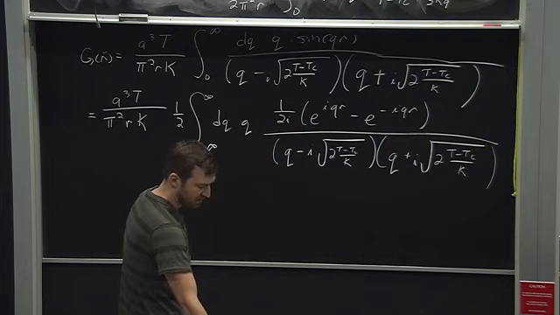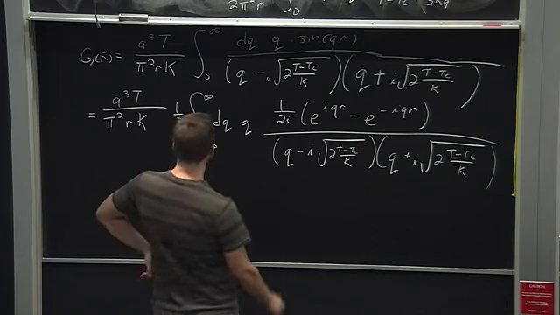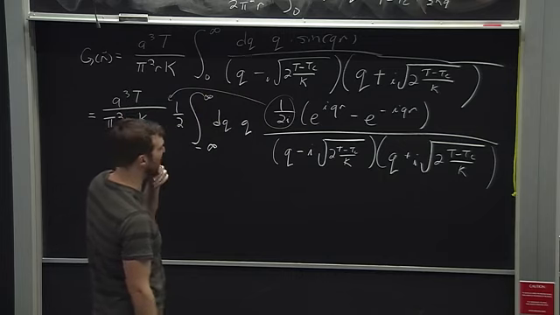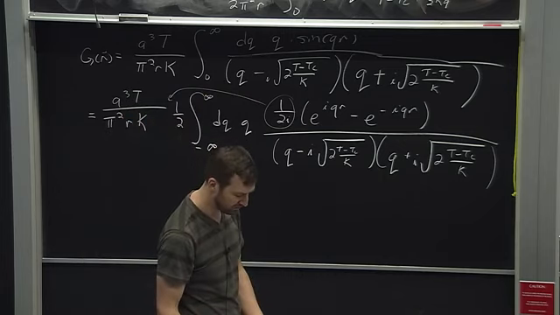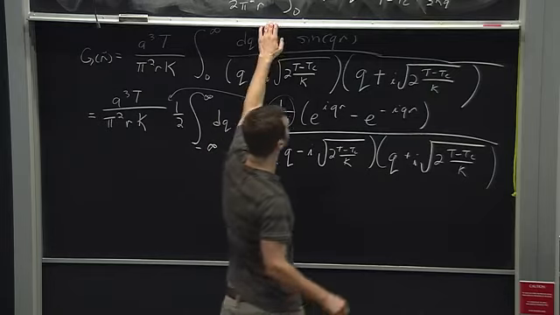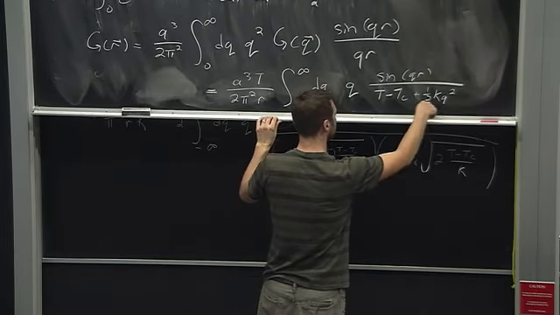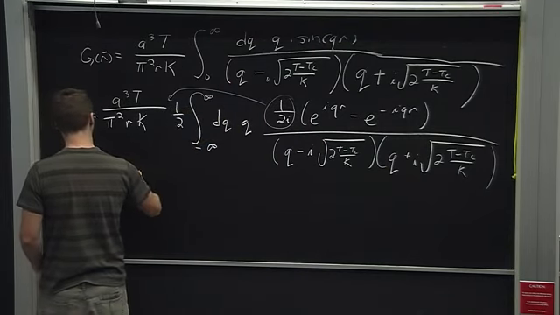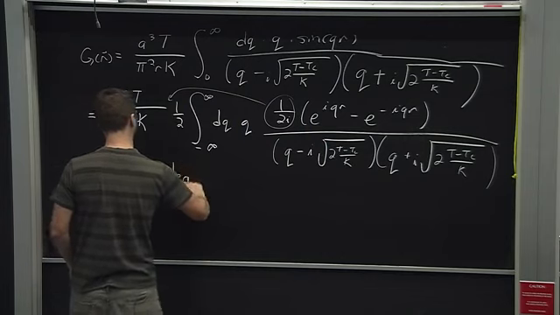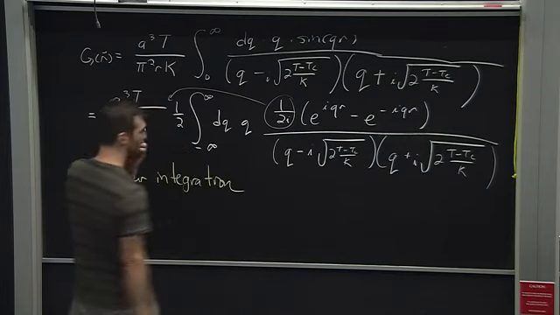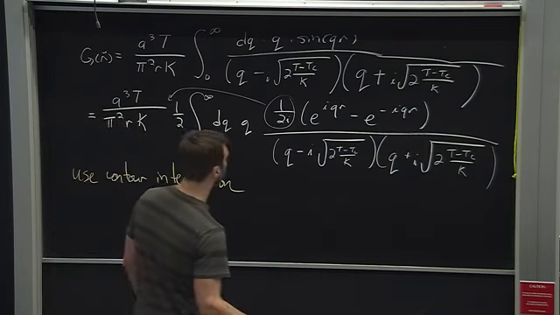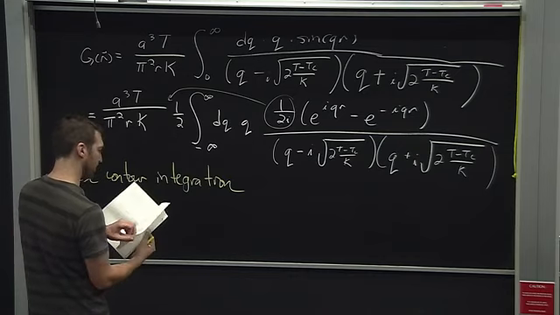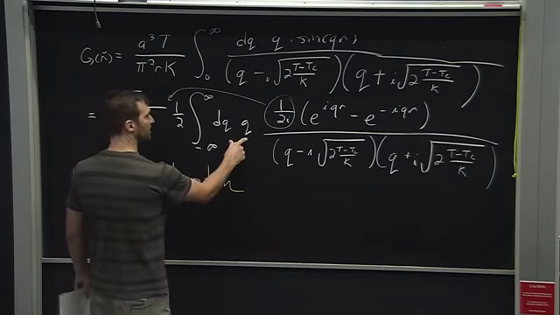I think I can do this now. I just pull this 2i out front. And then I have something that looks like a contour integral. So we can just use... I feel like I need a q out front in order to do this integral. Oh yeah, here it is. Yeah, okay, so this is good.